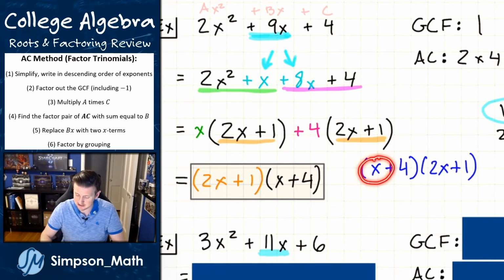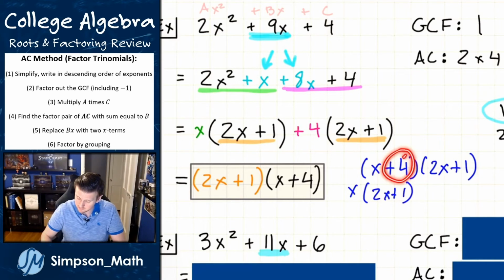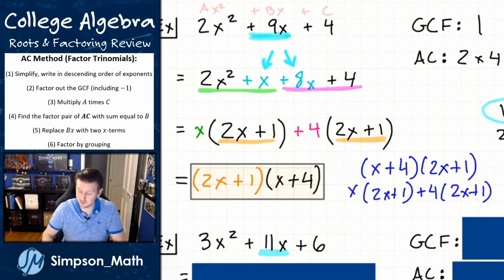So if I said x times this binomial right here, I would get x times 2x plus 1, and then plus 4 times 2x plus 1. Then I could distribute those, and I would get x times 2x is 2x squared, x times 1 is plus x, 4 times 2x is plus 8x, and 4 times 1 is plus 4.